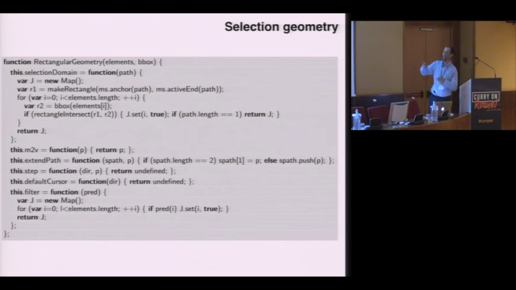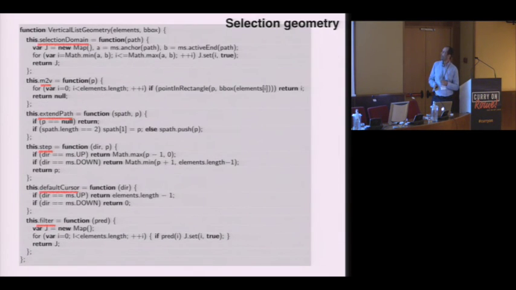So here's a rectangular selection geometry class. It has the selection, so just select everything within a rectangle. The selection domain is the SDOM function. It takes a path, computes the J. It has this bar and step functions that don't do anything here, and then a couple of more things that I'll just maybe not mention now.